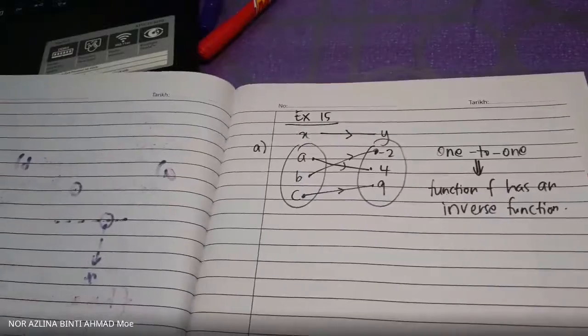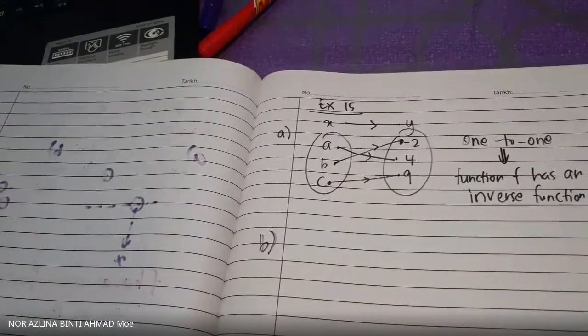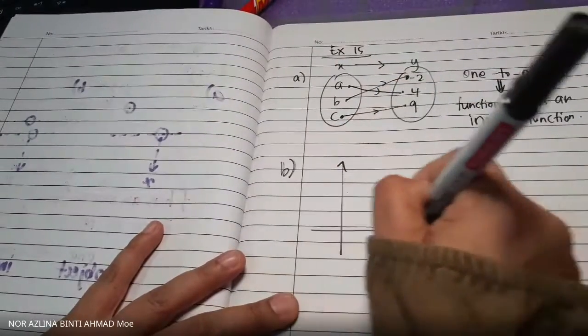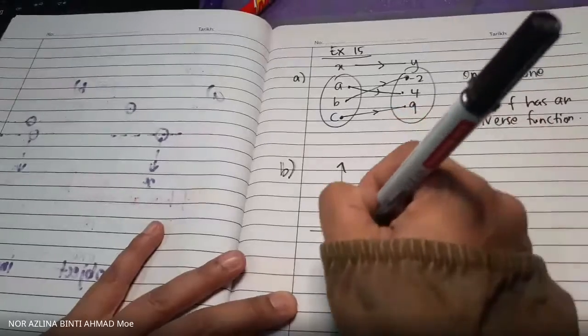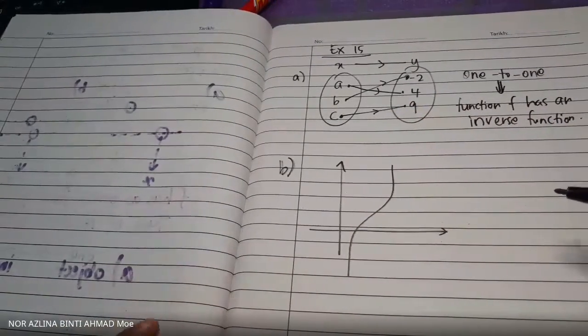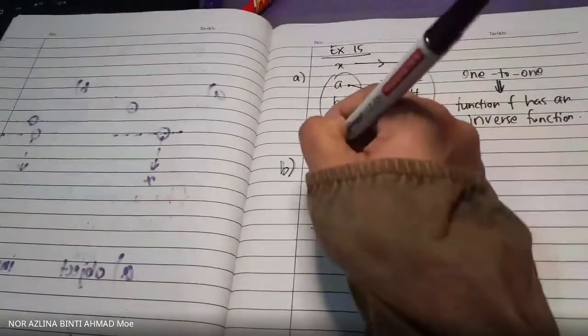Okay, next B. Kita ada graph. Okay, domain. Dia beri graph ini.